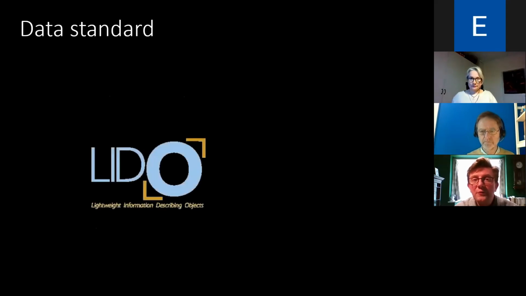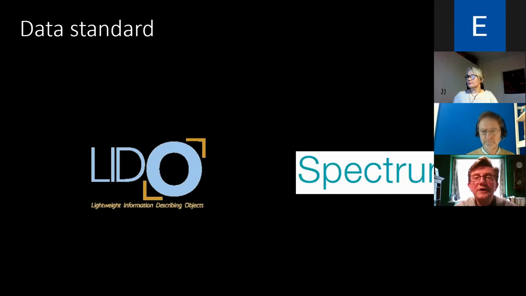Well, there were a couple of obvious candidates. CIDOC's standard for lightweight information describing objects, LIDO, which had recently been incorporated into several systems as part of the Europeana Inside project, and Collections Trust's Spectrum. Now, we know that Spectrum Partners systems comply with that, but we were specifically interested in the interoperable version, Spectrum XML.